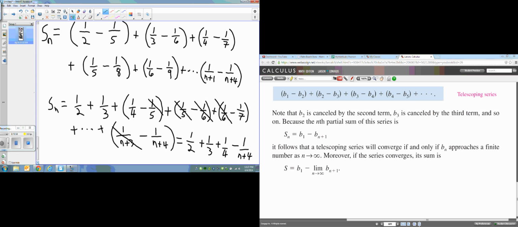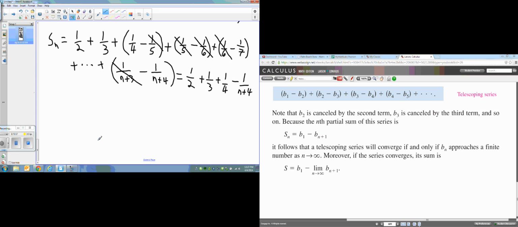So it turns out that my sequence of partial sums, Sn, is equal to 1/2 plus 1/3, which is 5/6. The LCD there would be 12. If I add a 1/4, 6 goes into 12, that would be 10/12 plus 3/12, which is 13/12. So Sn is 13 over 12 minus 1 over n plus 4.